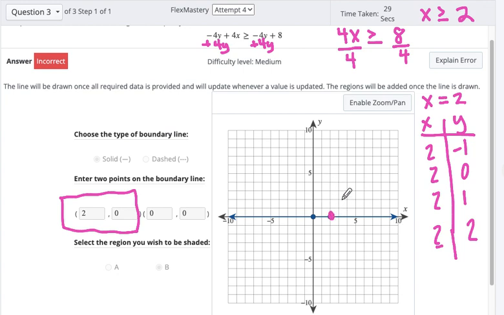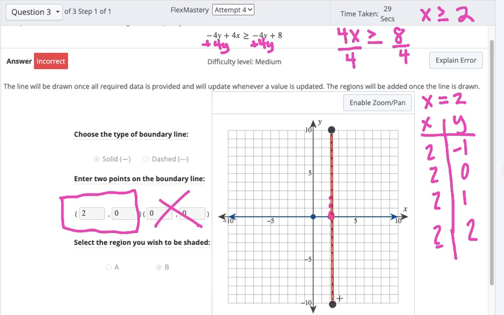It's already on this graph. And then this point is not on the graph. So let's choose another one. So we did 2, 0. Let's do 2, 1. And that would be here. We could do other points, 2, 2, but it would just be a solid line because it's greater than or equal to, because of that equal to.